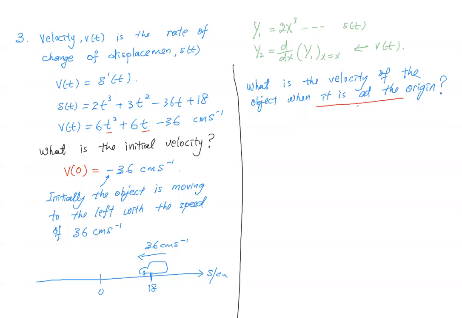So you have to start to solve this problem by knowing the meaning of this. All these questions are like that. You want to start to solve the problem, you have to see the information given in the question. So what do you mean by it is at the origin? Can someone tell me?